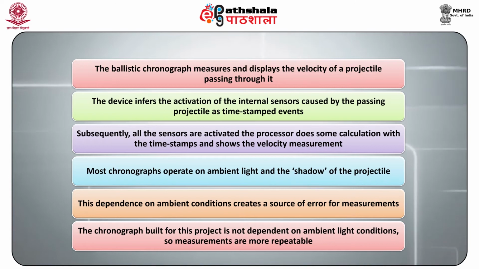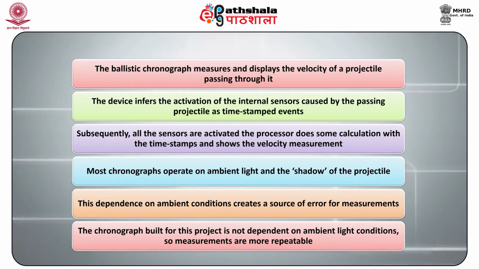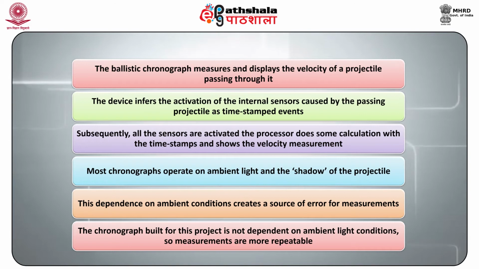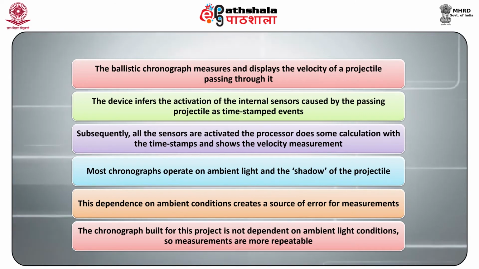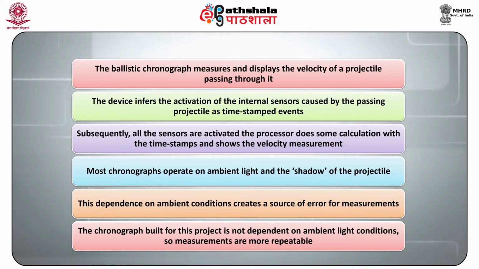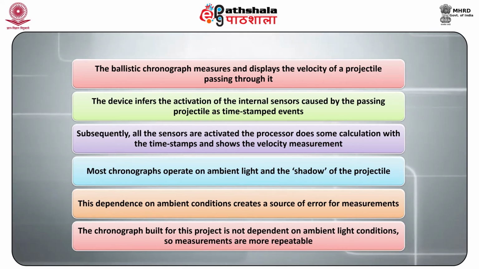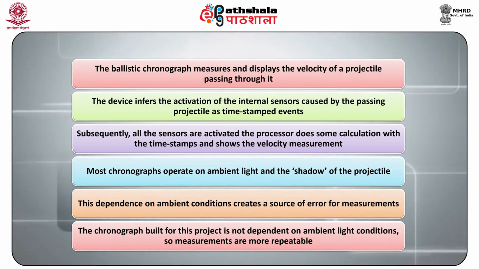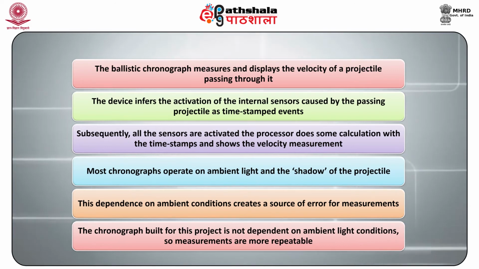Subsequently, once all the sensors are activated, the processor does some calculation with the timestamps and shows the velocity measurements. Most chronographs operate on ambient light and the shadow of the projectile. This dependence on ambient conditions creates a source of error for measurement. The chronograph built for this project is not dependent on ambient light conditions, so measurements are more repeatable.